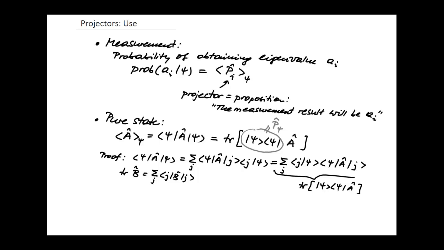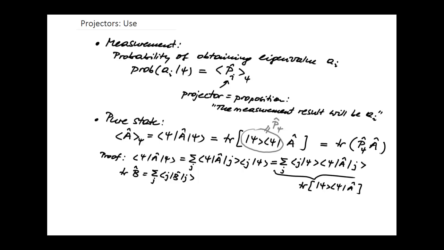So in other words, we can write the expectation value of the observable A in the pure state ψ as the trace of the projection operator associated with the state ψ times the observable A.